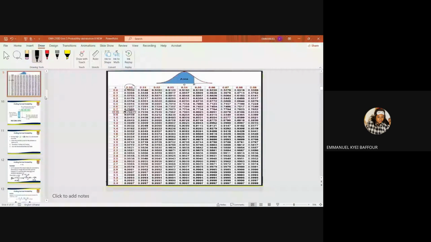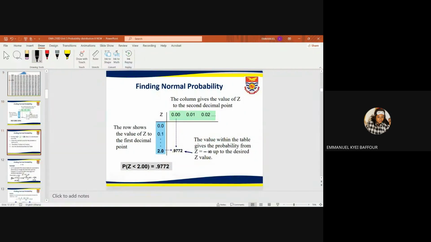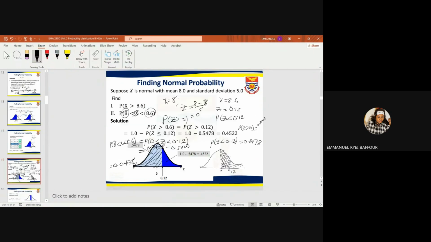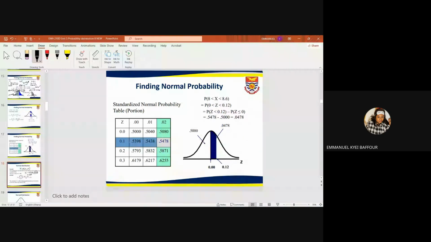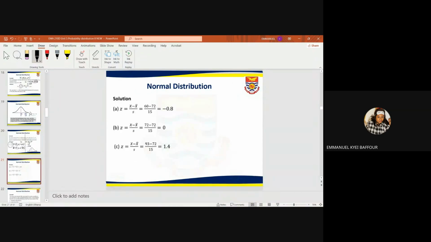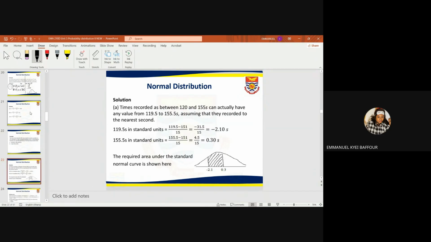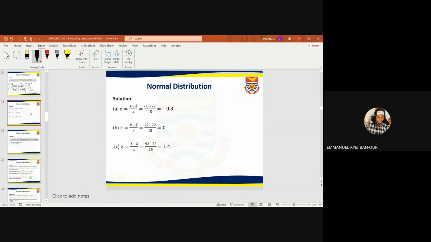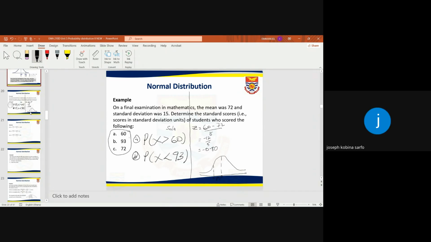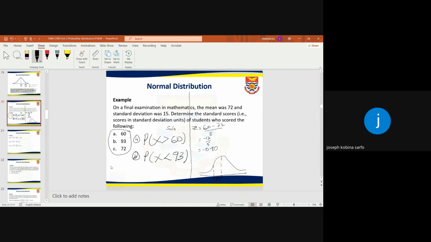So in terms of the probability, what you have found is a percentage, or is it a probability? You get 0.7881. That's the probability. So your P of Z being less than, or is it greater than?